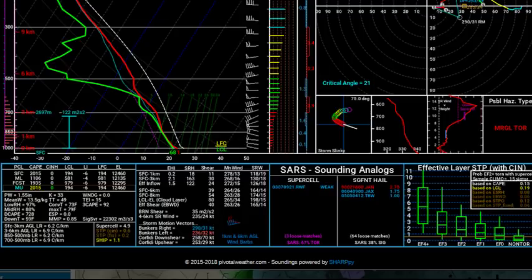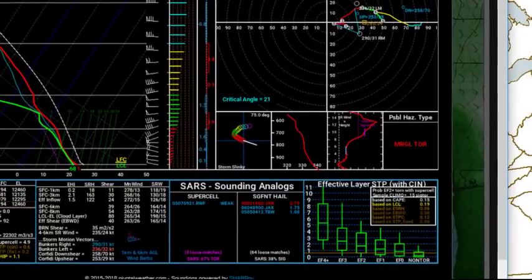Okay, and you can get an idea what the contributors are to any tornadic cells. We look at this chart here, the effective layer significant tornado parameter, and we can see that the coefficient that's the highest is LCL, and definitely we've got 68 degree dew point there, 71 temperature. That's going to be a very high relative humidity and very low bases. So bases way down low, hundreds, maybe 1,000 feet there.